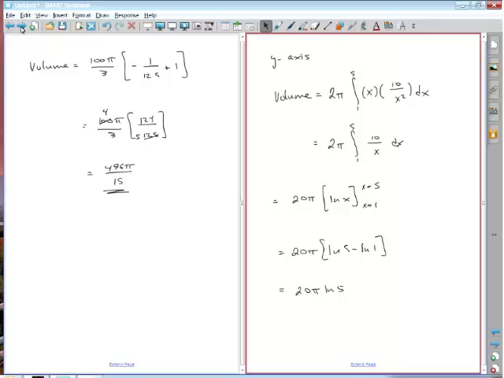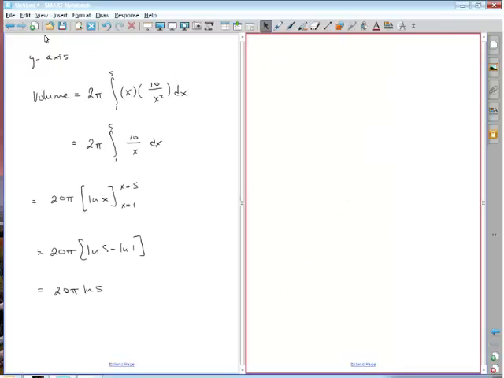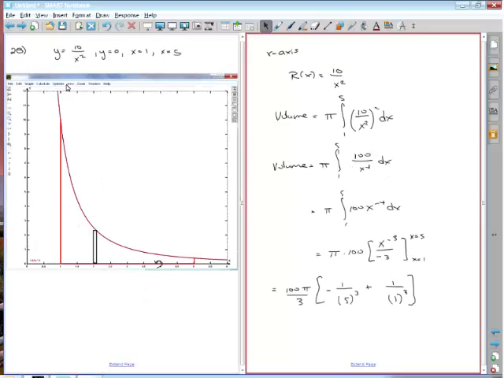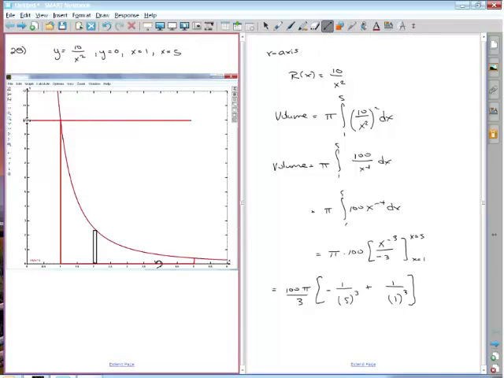And then part C is we rotate around the line y equals 10. So if we go back here and put a line y equals 10 in here, it's going to be like we're rotating around the x-axis, but it's been shifted up. So now it's going to be the washer method.